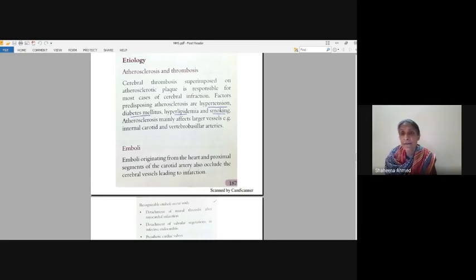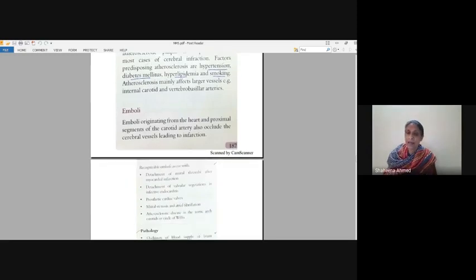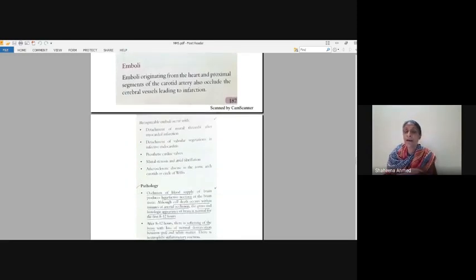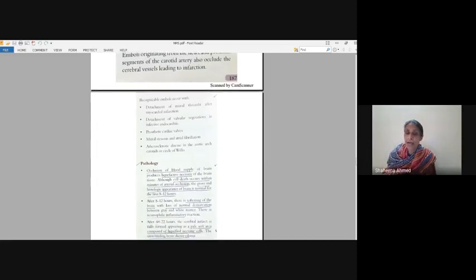Atherosclerosis usually affects the larger vessels like the internal carotids and the vertebrobasilar arteries. Now, another thing we have to consider are the emboli. Embolus is another factor which causes infarction. Emboli can originate from a variety of sites and reach the brain.